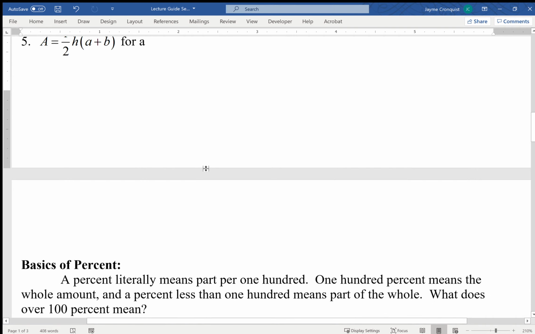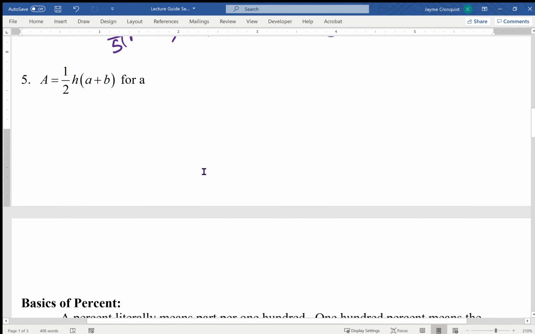Now we're going to solve for, whoops, sorry, there we go. Little a, sorry. Okay, first thing we're going to do is move all those multiplications off. So I'm going to multiply this side by 2 over h. That's an h. Okay, 2 over h.